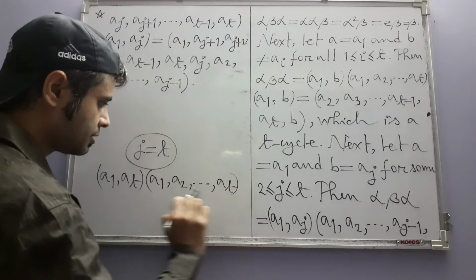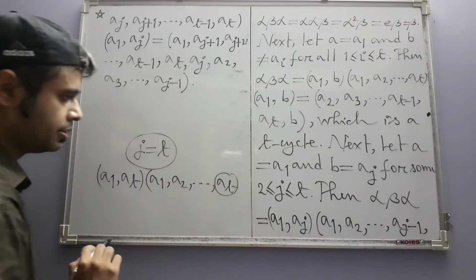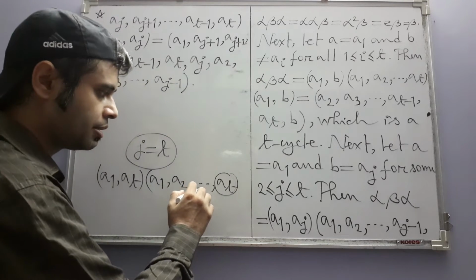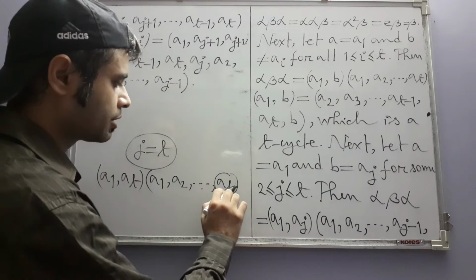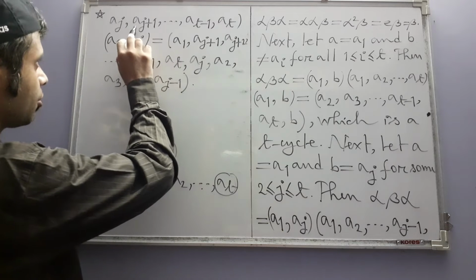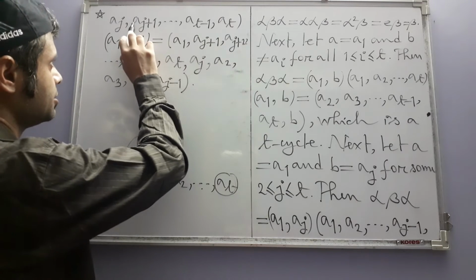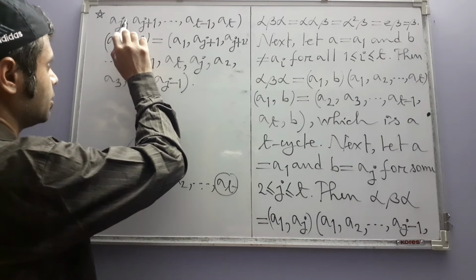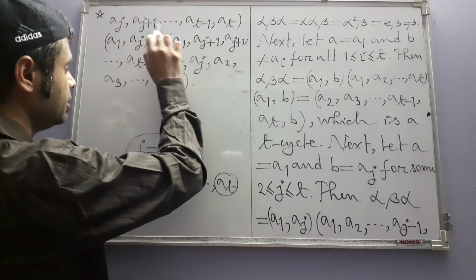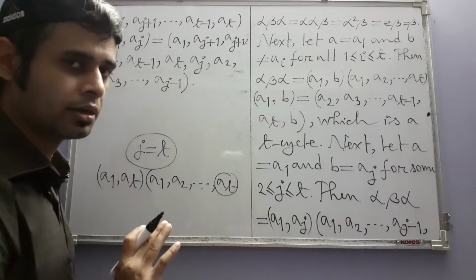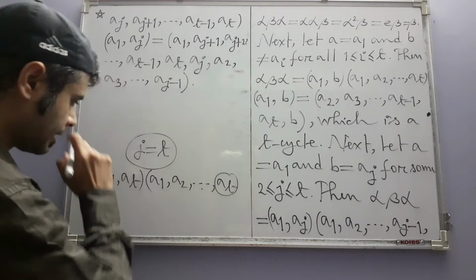But now the thing is that this is your a_j, so a_{j-1} is there, a_{j+1} actually is not there. So this part is not available at all. I mean, this part starting right next to a_j, and before you hit a_t, this intermediate part is not there. So you have to understand that.